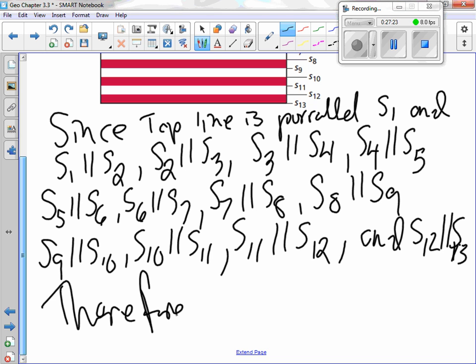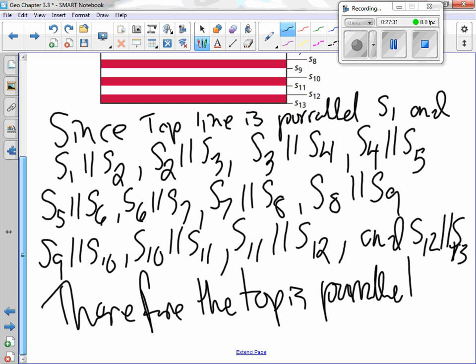Therefore, the top is parallel to the bottom.